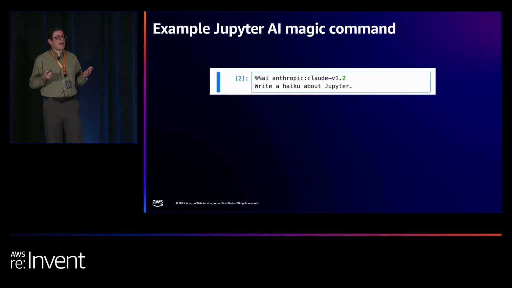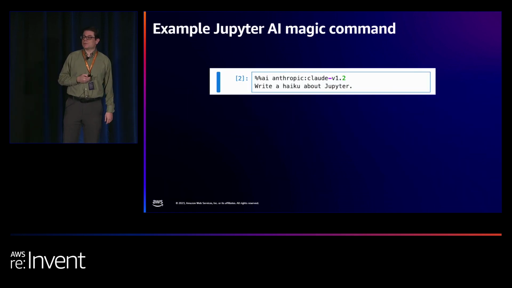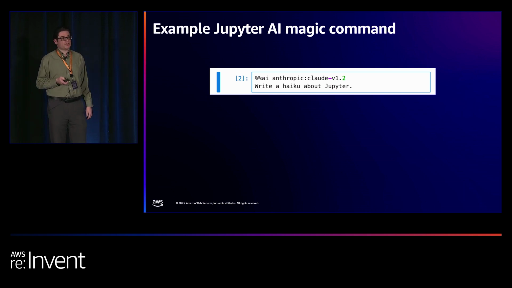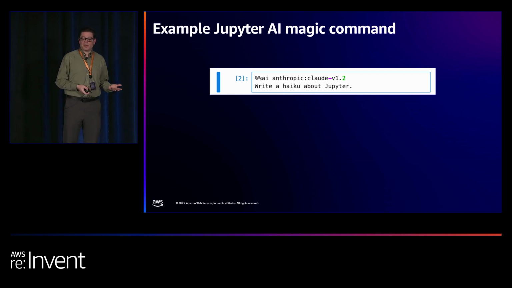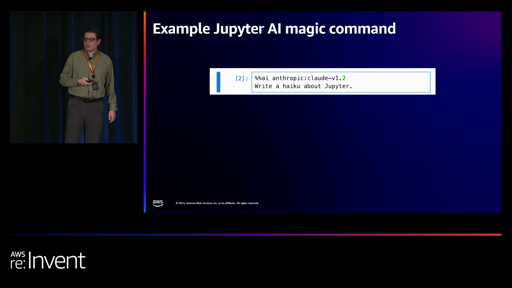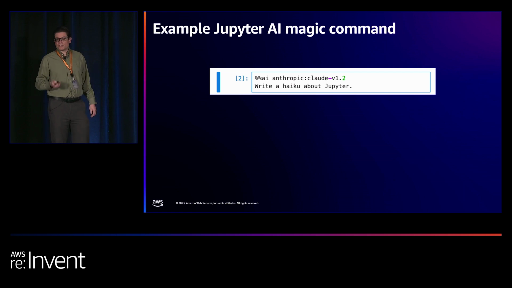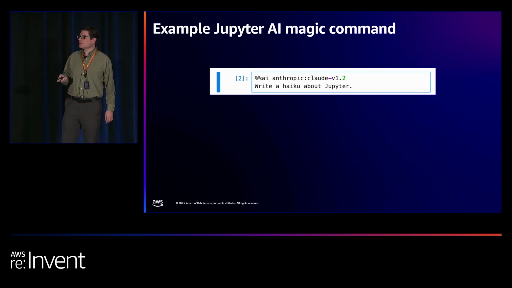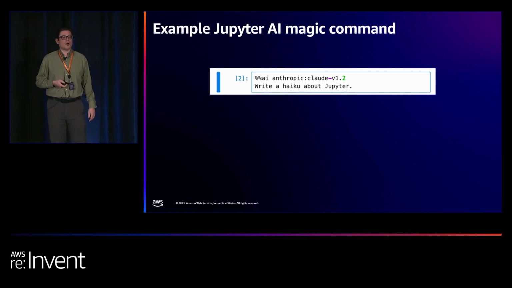Let's take a look at how an example Jupyter AI magic command works. This is an example of what's called a cell magic because it starts with a %, and anything that starts with either %AI or %%AI is going to be handled by Jupyter AI. In this case, we've chosen a model made by Anthropic, the Claude version 1.2 model. And because this is a cell magic, the prompt starts on line 2, and it can go for however long you want.